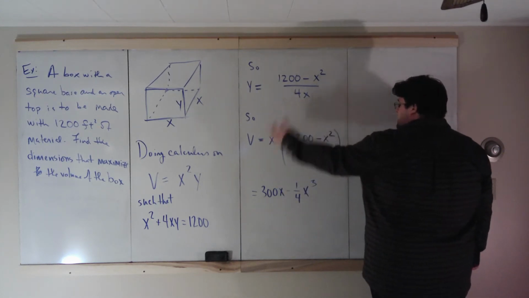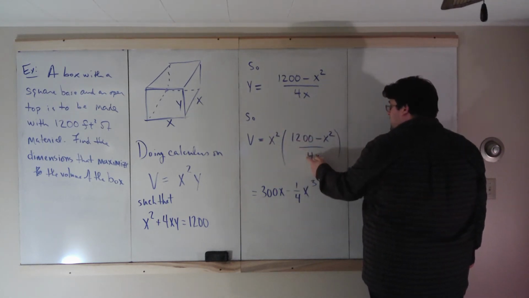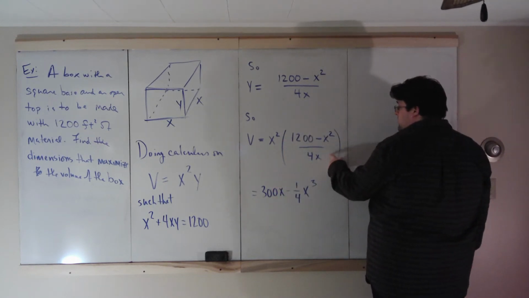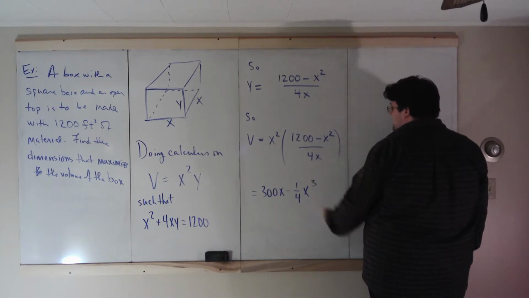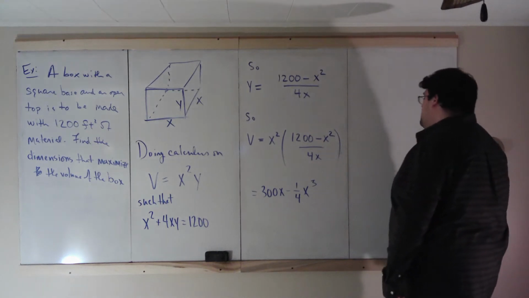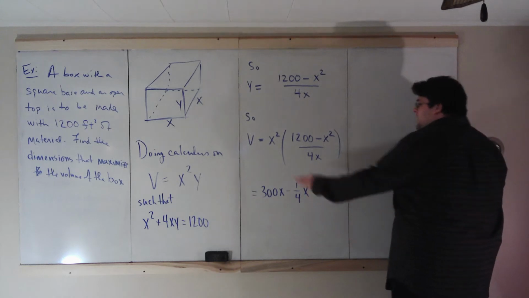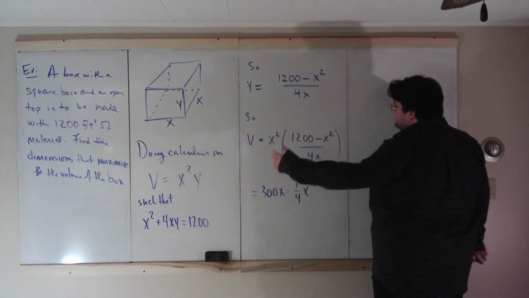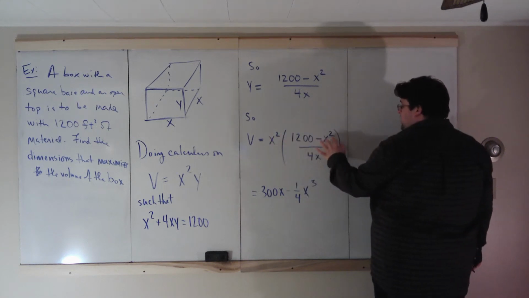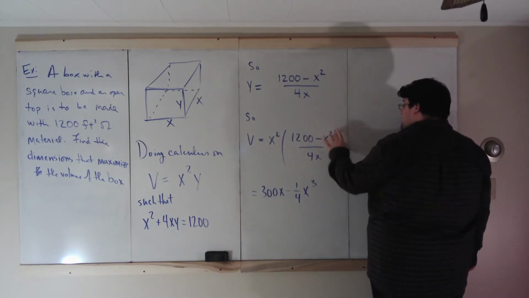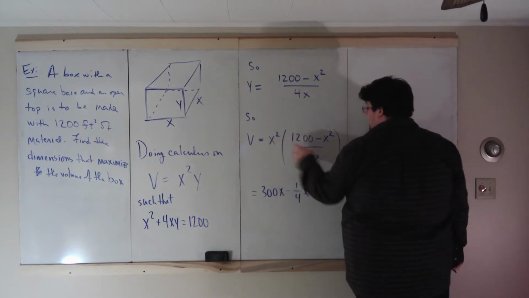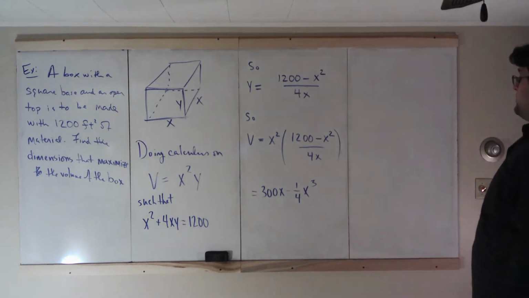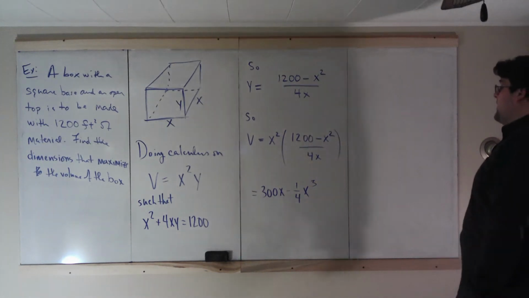Then I distribute the x through. 1,200 over 4 times x gives 300x. X squared over x. Well, the second one, I guess in simplifying, I didn't look at canceling this x with that first. I distributed the x and then split the fraction. Either way, this last one you get x to the fourth over 4x, so x cubed over 4 with a negative sign. Either way. Now, we've written this as a polynomial, so we can find the maximum.